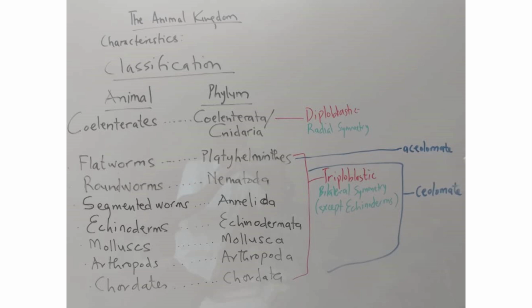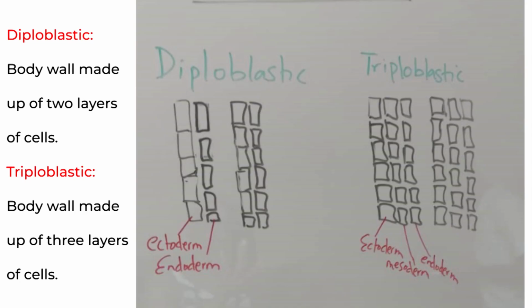Now we want to explain the various terms. So in the animal kingdom, we have either diploblastic or triploblastic. Diploblastic means the body wall is made up of two layers of cells. Two layers on the left, two layers on the right, and in the middle of it is a hollow enteron.